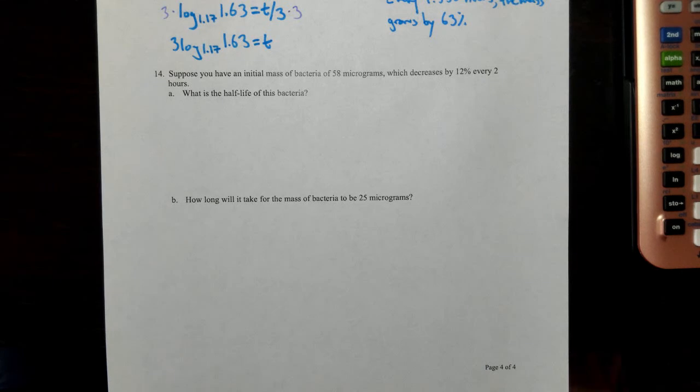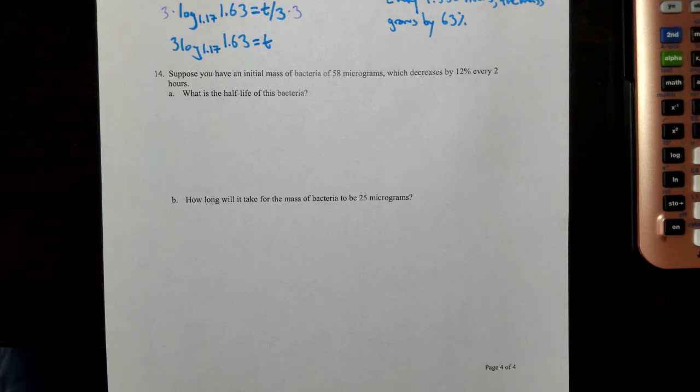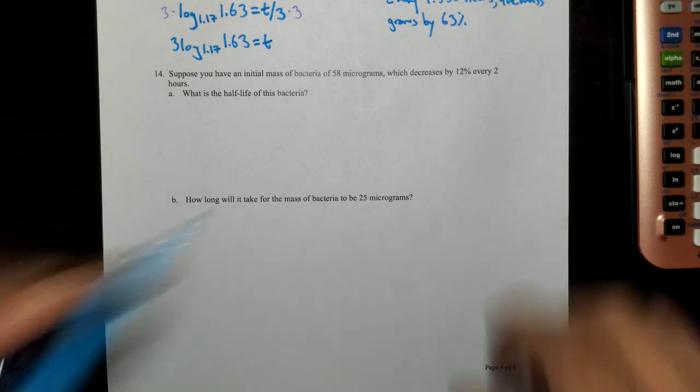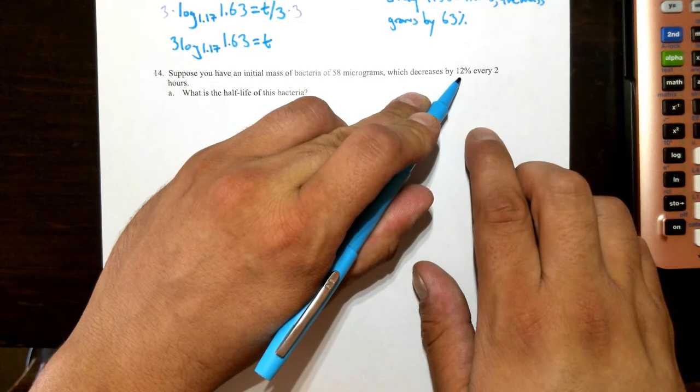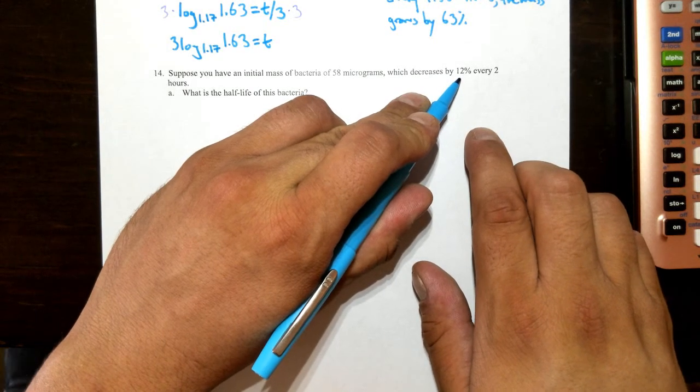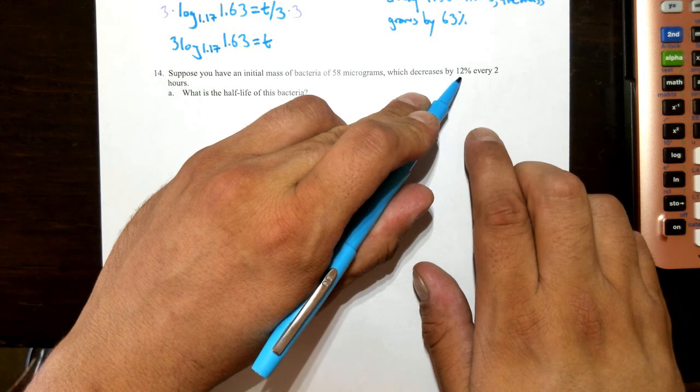Suppose you have an initial mass of bacteria of 58 micrograms, which decreases by 12% every 2 hours. What is the half-life of this bacteria? So let's first find our change factor here. Our change factor is going to be, well, we're going to take 1 and we're going to convert this 12 to a decimal, so 0.12, and we're going to subtract it from 1.